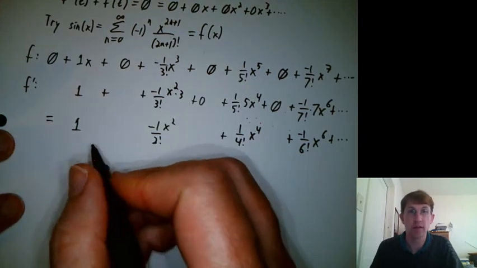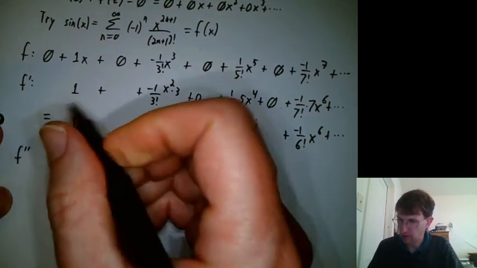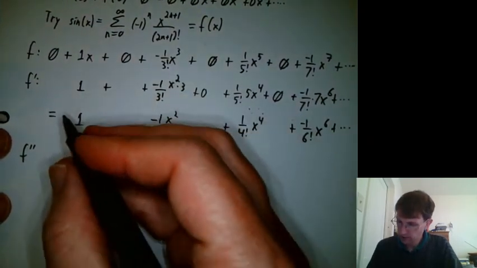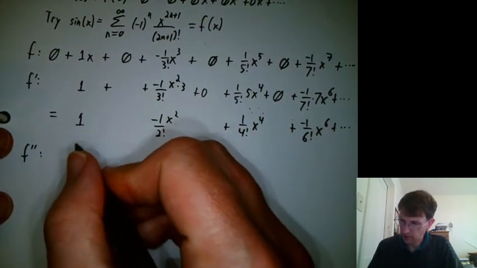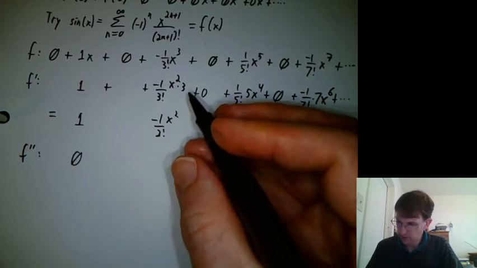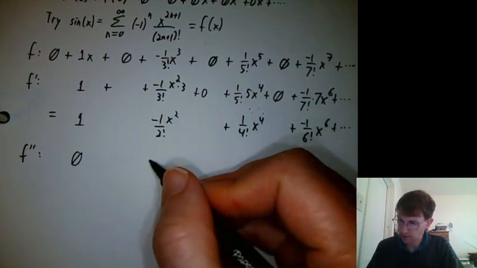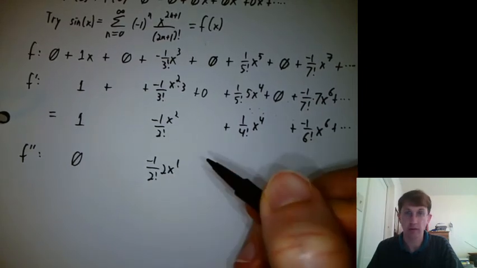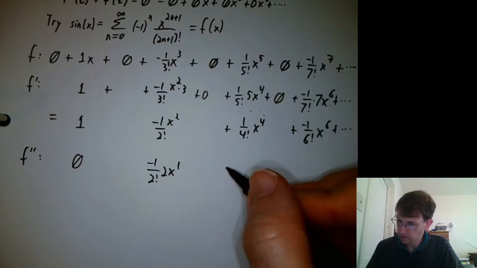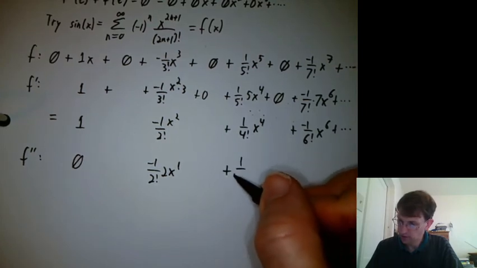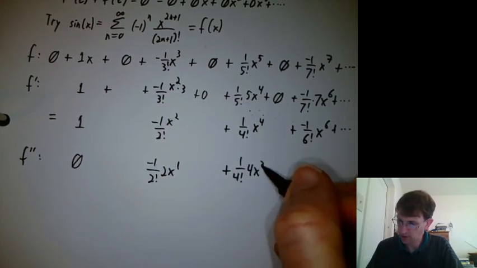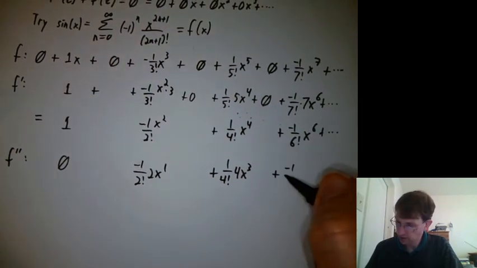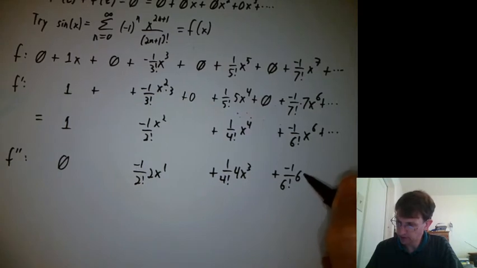And now let's take the derivative again, because we know we need to check the second derivative there. The derivative of 1 is 0. The derivative of this will be negative 1 over 2 factorial 2x to the 1. Derivative of this will be 1 over 4 factorial 4x cubed. Derivative of this will be negative 1 over 6 factorial 6x to the 5th.